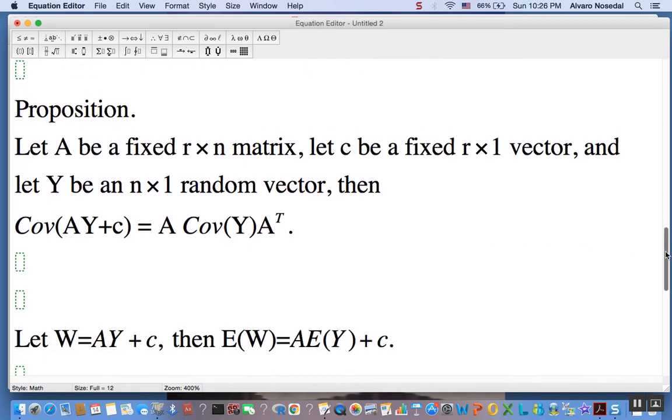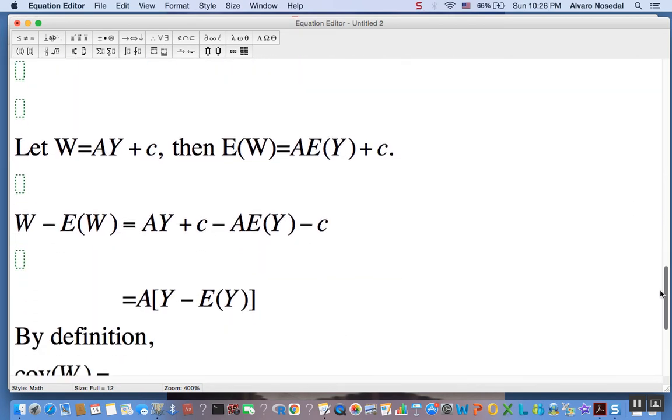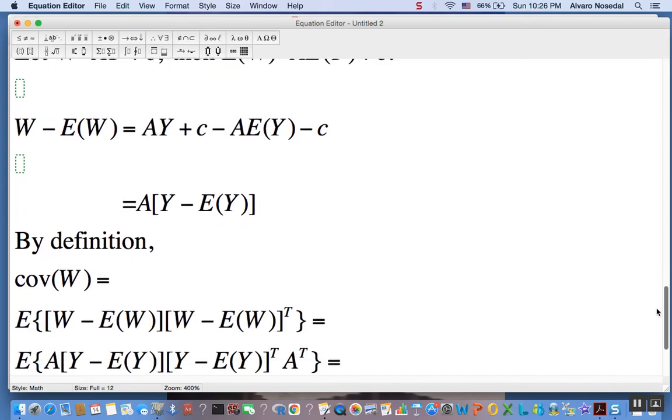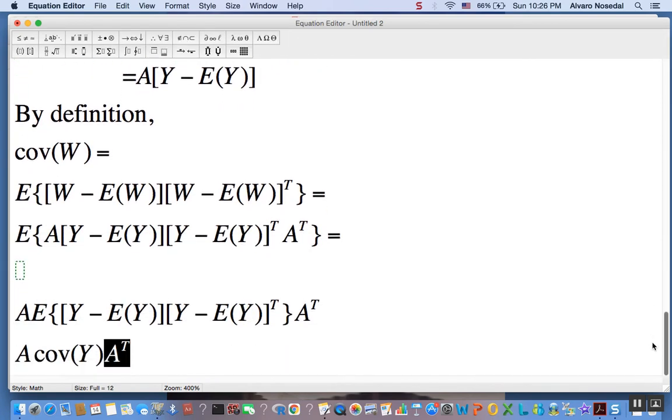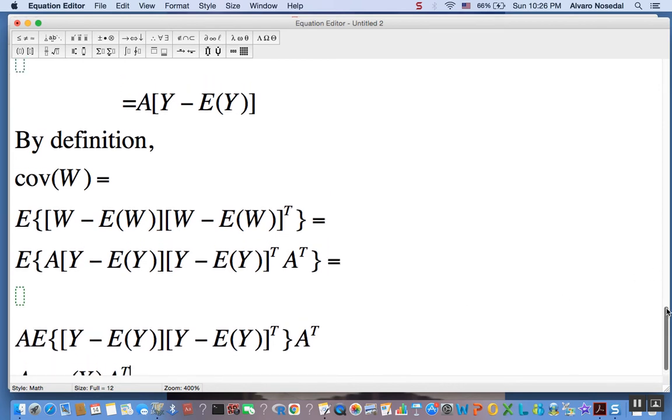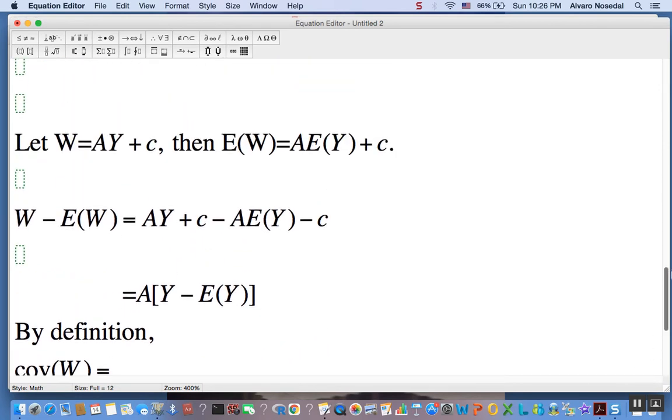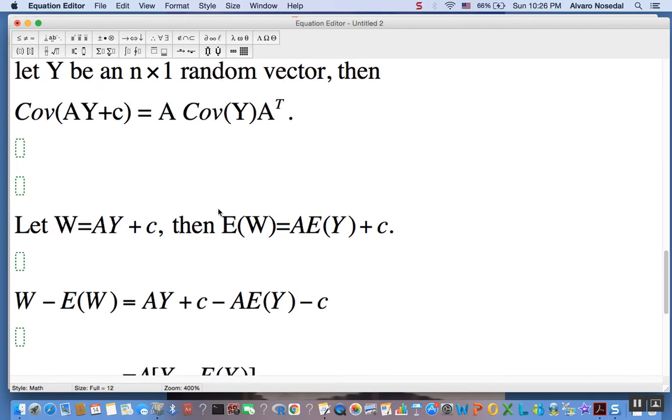Note that here I didn't say anything about the dimension of A or Y or anything. So what we did here together holds as long as this matrix product is legal, okay?